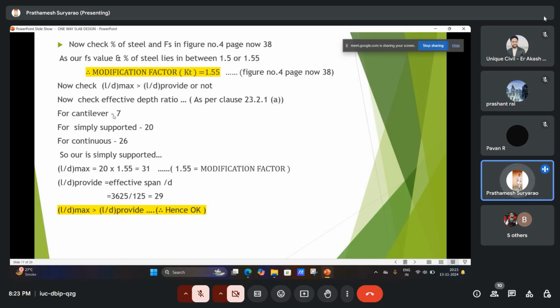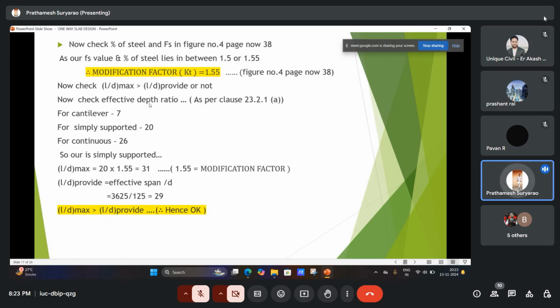For cantilever it will be 7, for simply supported it will be 20, for continuous beam we will take 26. But our design, and the question in which it is mentioned, is for simply supported, so we will take the simply supported value. L by D max equals 20 into 1.5. So this value we will put, and this is the modification factor.